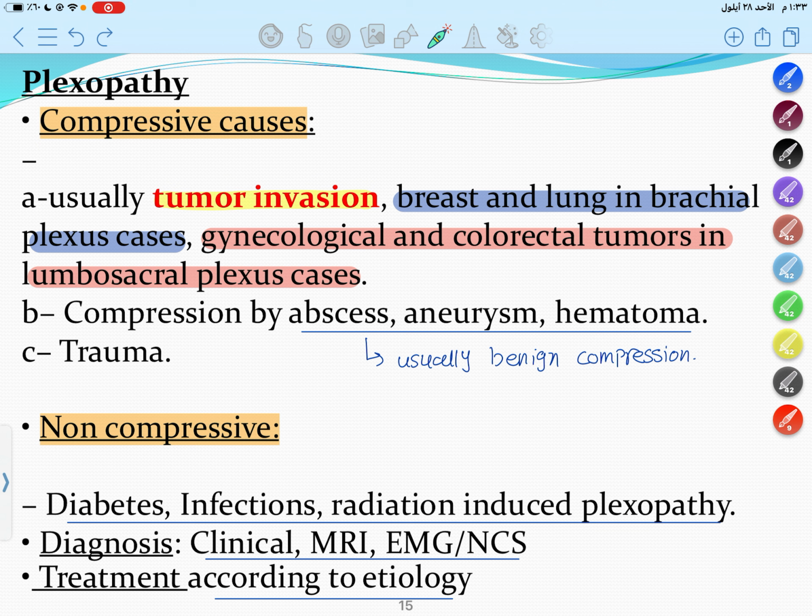The same thing about the lumbosacral plexus. Any problem in the pelvis, for example gynecological or colorectal problems like tumors, could also involve the lumbosacral plexus. So the compressive cause is more serious in plexopathy than in radiculopathy.